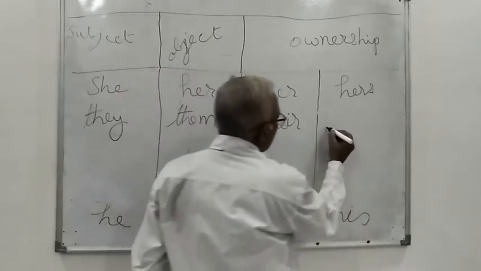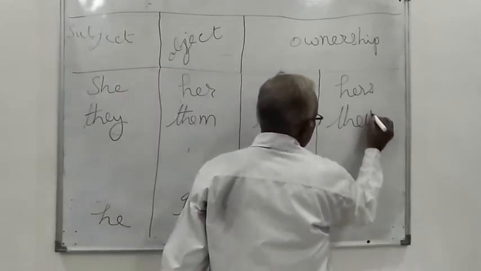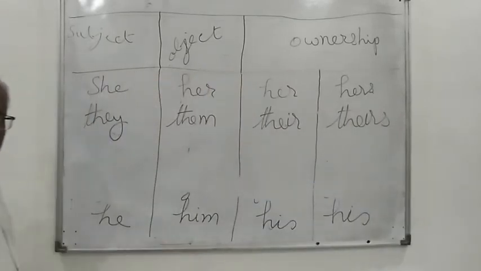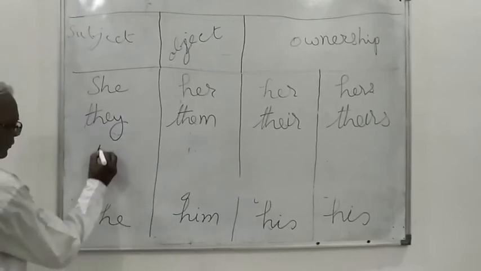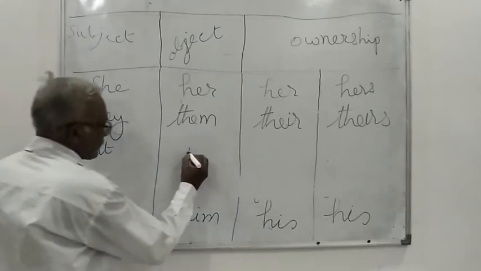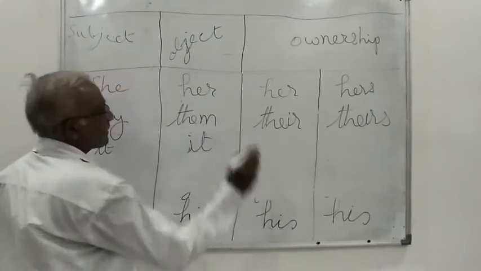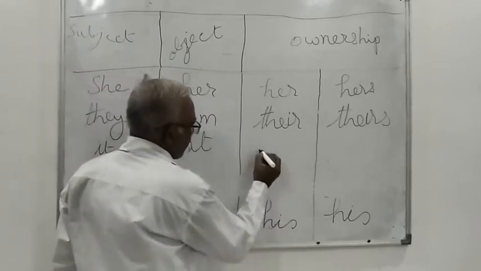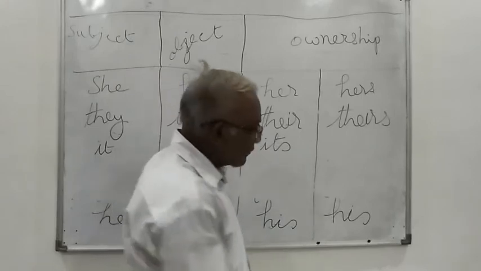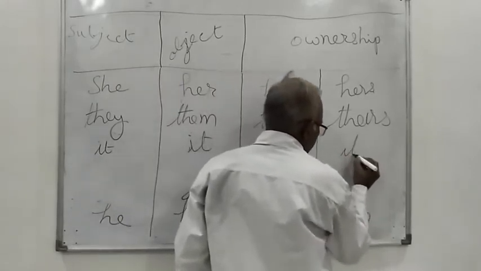And here it will be theirs. These are for living beings. You can also use it for non-living. It can be it. Object will be it. Ownership will be its. And sentence ending also will be its.